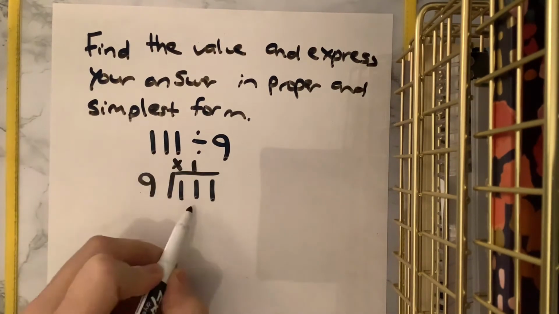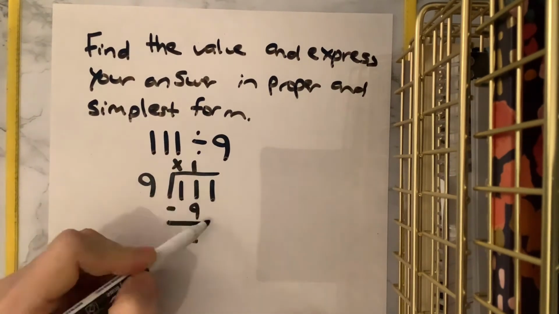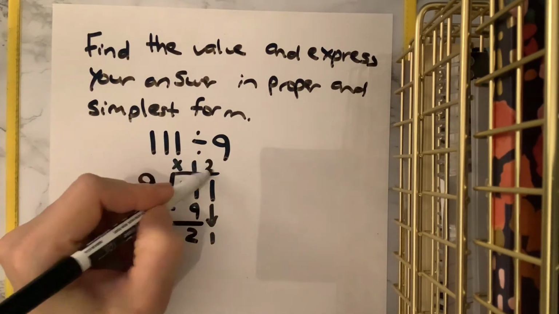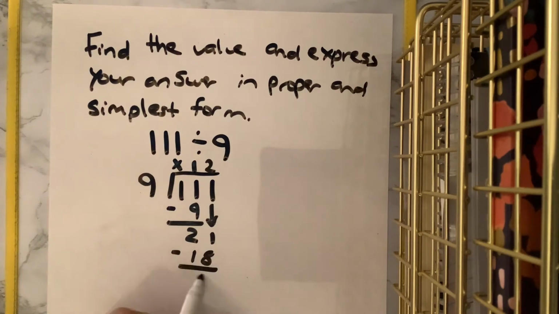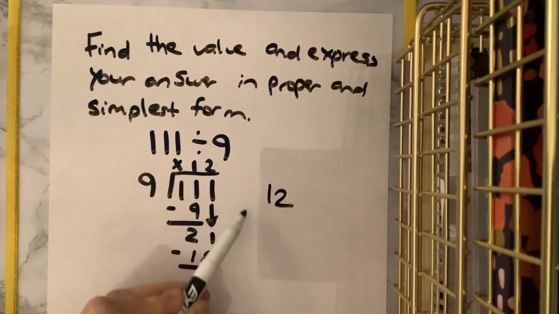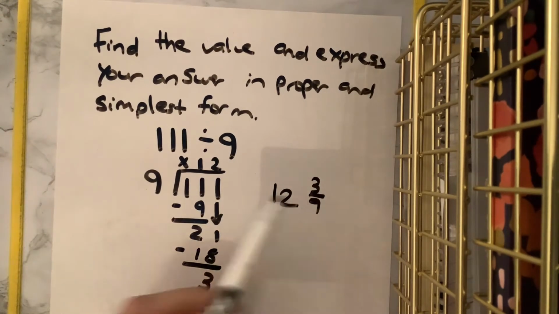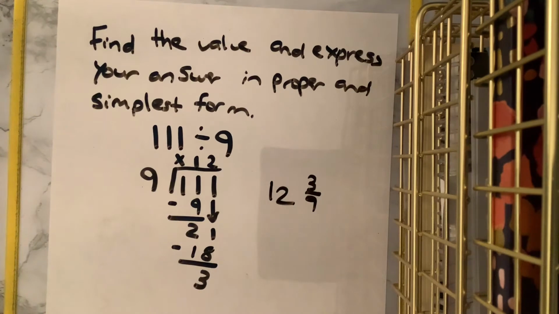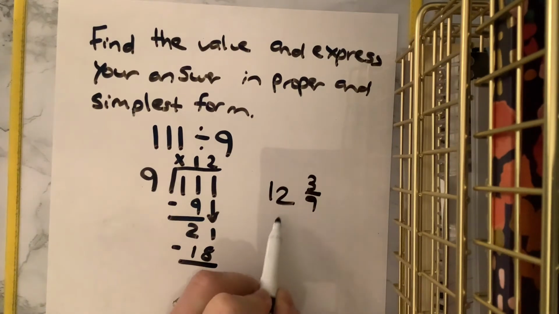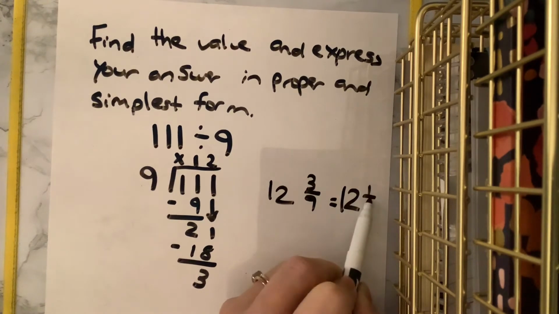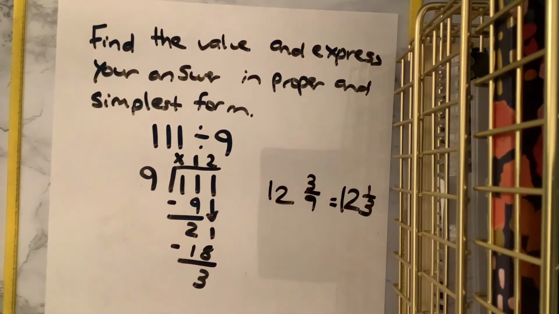It goes into 11 one time with a remainder of 2, and we bring down our 1. 9 goes into 21 2 times with a remainder of 3. And again, think about our clock. 12 and 3/9. So we go around our clock, 12 and 3/9. Okay. Is it proper? Yes. Can it be simplified? Yes. This should be 12 and 1/3.